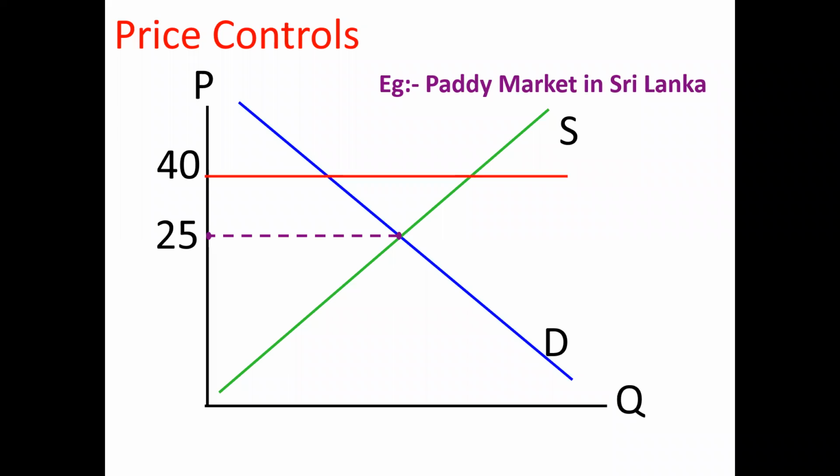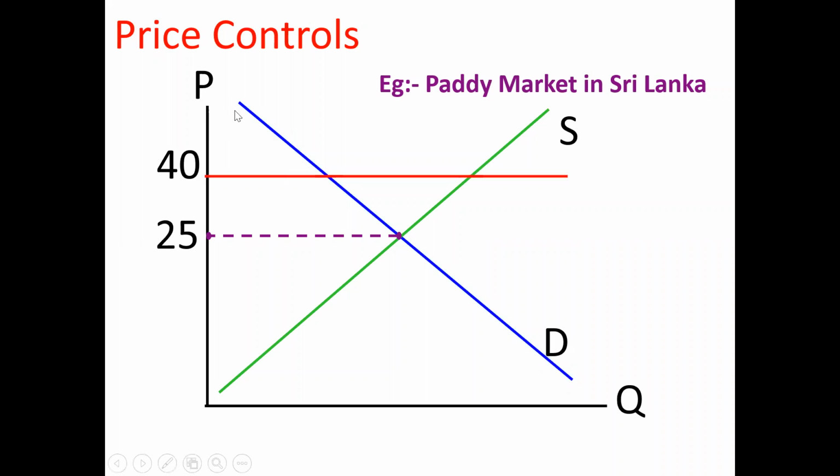Right? That's called minimum control price. That means price cannot be reduced less than that amount. So government decide a minimum control price to protect the producers.